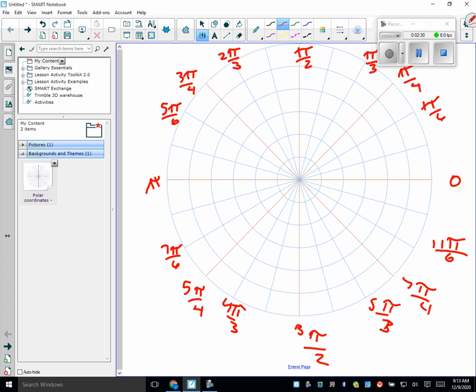Okay. Now, I will tell you that you will have graph paper. I'm going to give you graph paper. I'm going to try to show you a piece of it that has them marked in degrees. Now, you all know how to switch it to radians, don't you?